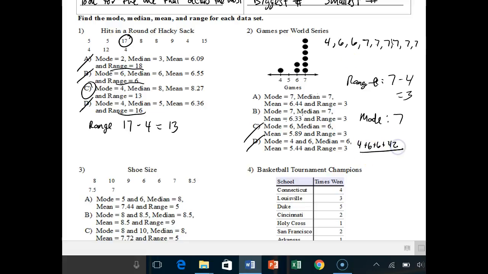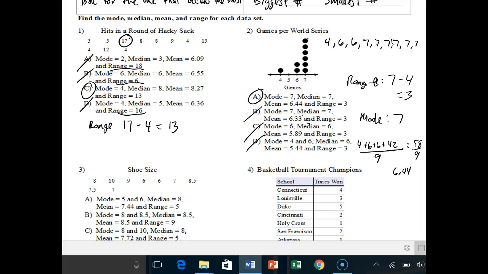And you're dividing by how many data points you had. So 1, 2, 3, 5, 6, 7, 8, 9, right? So divided by 9. So if I add all this up, 42 plus 12 plus 4 is 58 over 9. And then I want to do some division there. I get about 6.44. So B is your answer because, oops, sorry, no, A is your answer. Because B had a mean of 6.33.